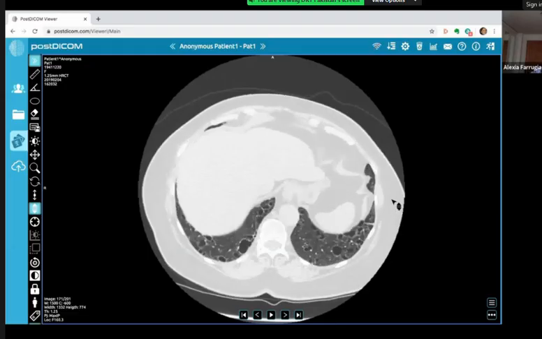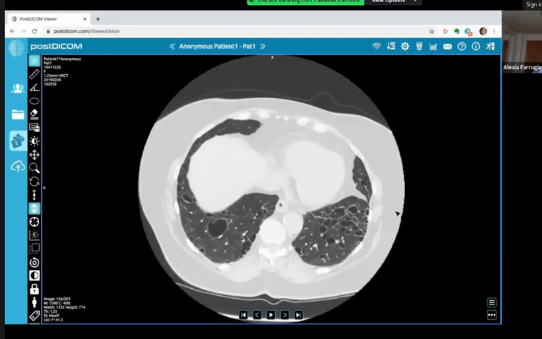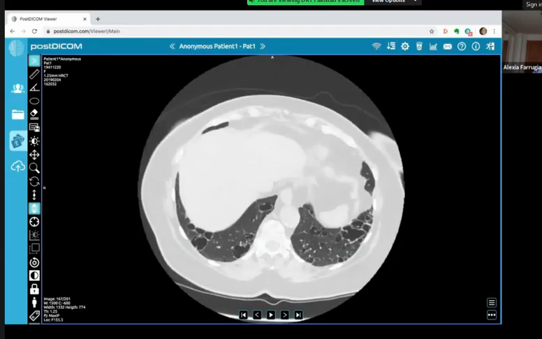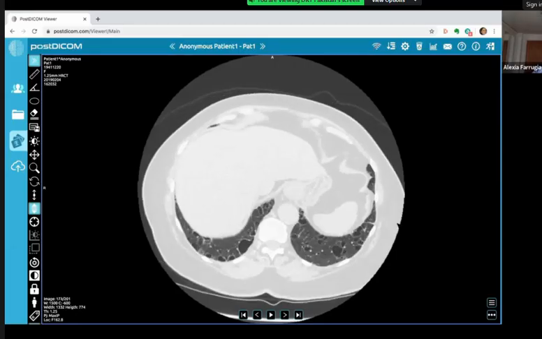So your differential would be that of a cystic lung disease, isn't it? Yes. Do you think you can narrow that down and see potentially which cystic lung disease you would exclude based on this distribution, given the fact that the lower lobes are quite heavily involved?